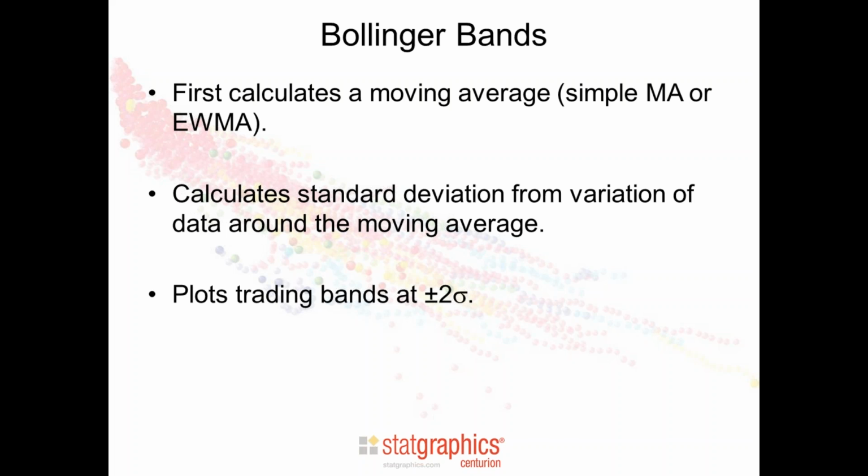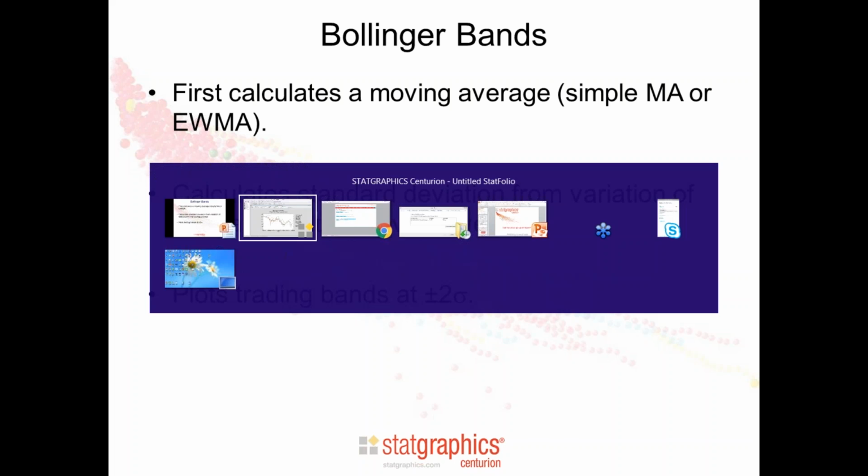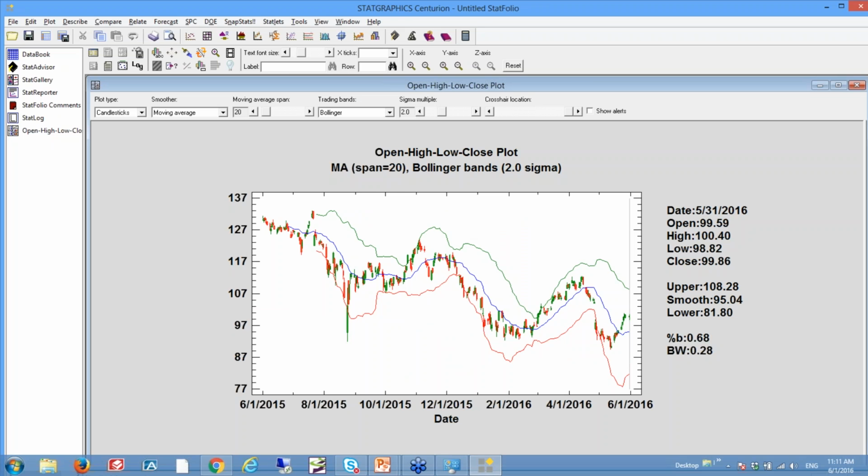You then plot trading bands at plus and minus 2 standard deviations. If we go back to Statgraphics and take a look at our plot again, you can see on either side of the moving average those 2 sigma Bollinger Bands.